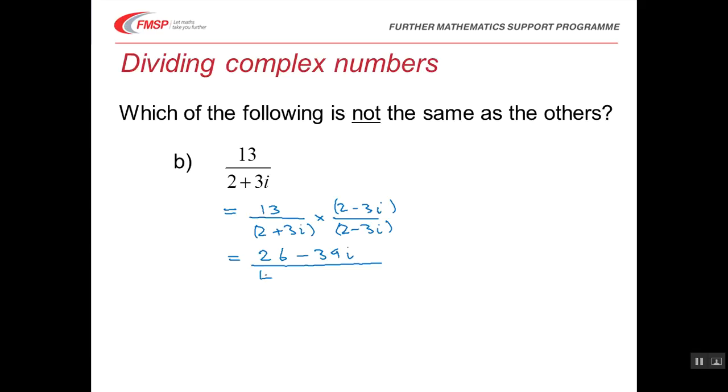We've got 2 2's are 4, we've got plus 6i, we've got minus 6i, and we've got minus 9i squared, and i squared is minus 1. And again we can see the plus 6i and the minus 6i cancelling out, so we get 26 minus 39i divided by 4 plus 9 is 13, so this one is 2 minus 3i as well.